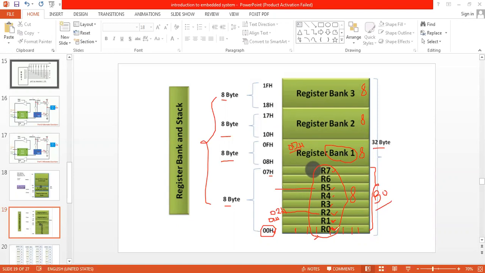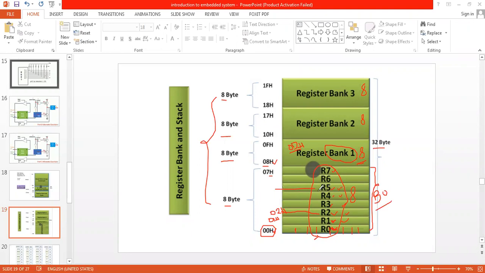How? See, here again 8 registers are there in bank 1, R0 to R7. I have only R0 to R7 registers here, again found in register bank 1. The starting address of bank 1 is 08H. It means the address of R0 in bank 1 is 08. Then this is 09, then 0A, 0B, 0C, and then 0D.